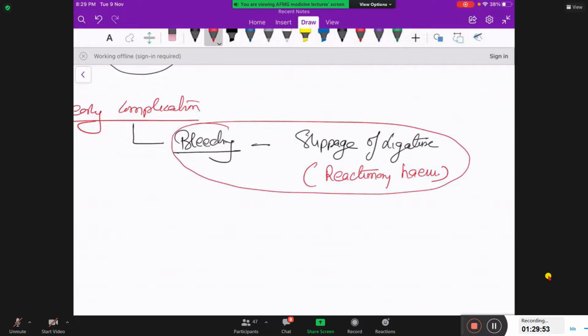Patient will come to us with a complaint. So how will a patient who has bleeding due to slippage of ligature present to us? Hypovolemic shock, but the patient won't tell us that. What will the patient say? What will happen before hypovolemic shock? The trachea will get compressed, and if the trachea gets compressed, what will happen?